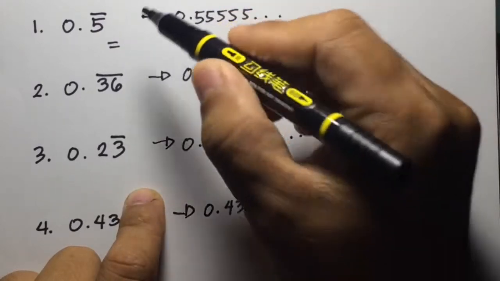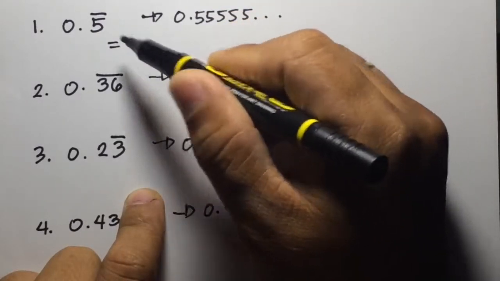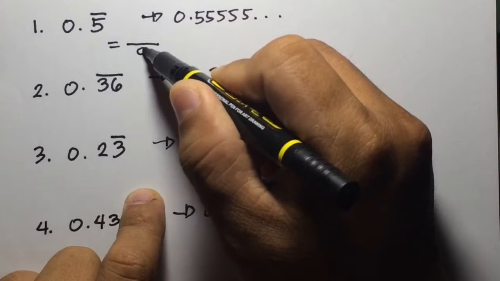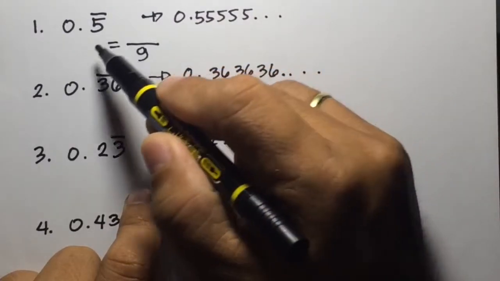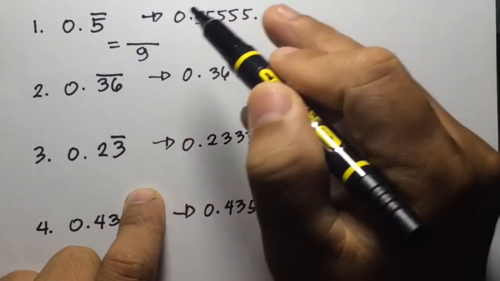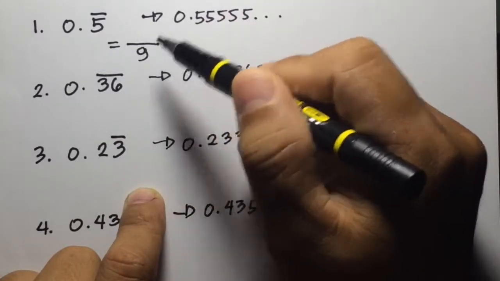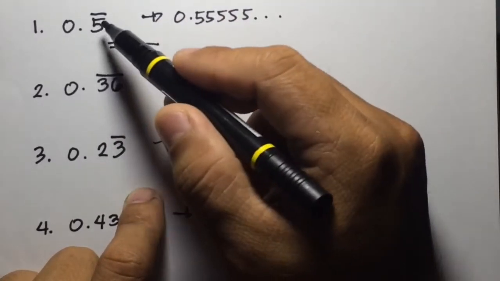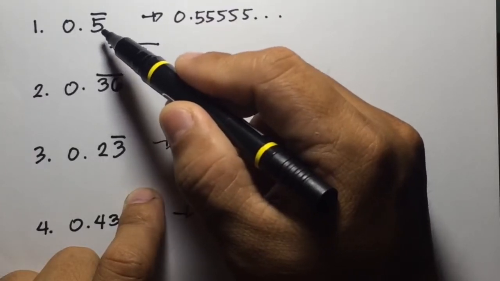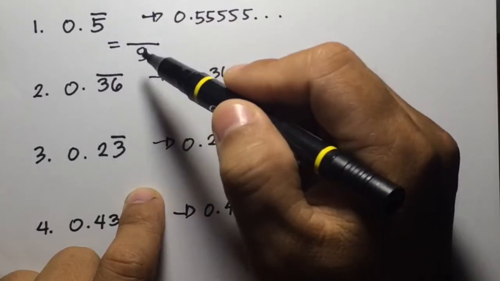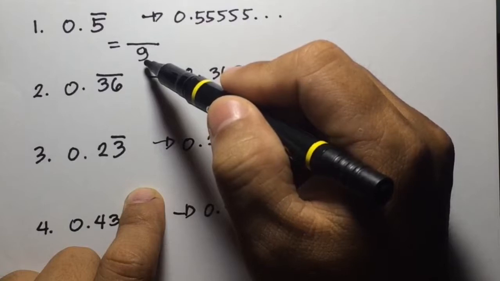So we're going to write one 9 in the denominator. If there are two numbers being repeated, we're going to write two 9s. If there are 3, we write three 9s, and so on.